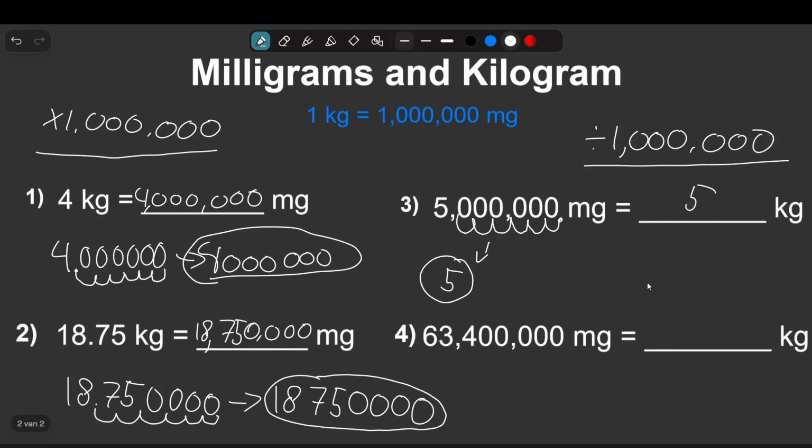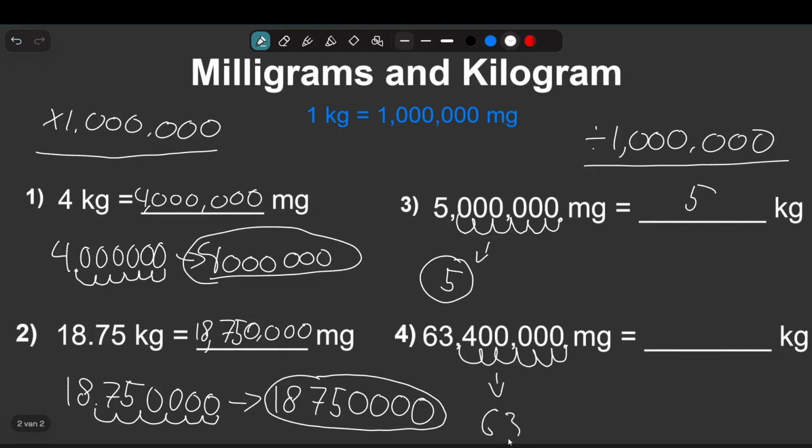And now let's go to our final example where we have 63,400,000 milligrams is how many kilograms. This one is exactly the same. We're just going to divide by a million by moving the decimal to the left 6 times. Again, the decimal is right here and we're going to move it to the left 6 times. So 1, 2, 3, 4, 5, 6. Now we can just rewrite this down here.